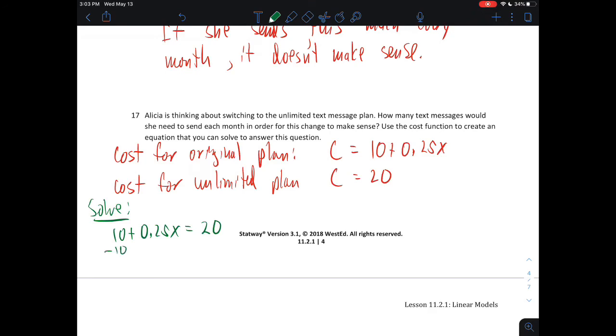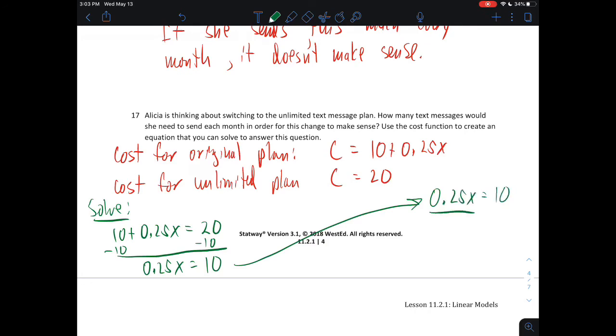Let's subtract the 10 first. That gives you 0.25x is equal to 20 minus 10, which is 10. And then giving myself some space, 0.25x equal to 10. I need to divide by 0.25.